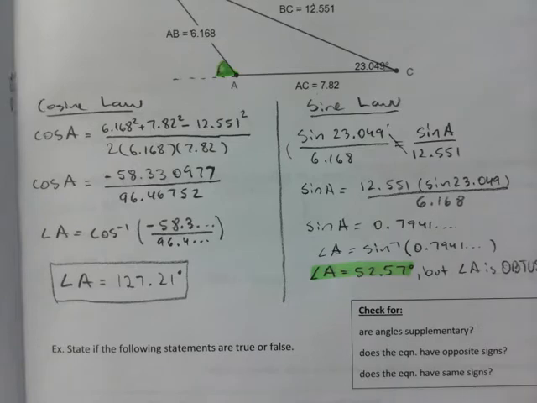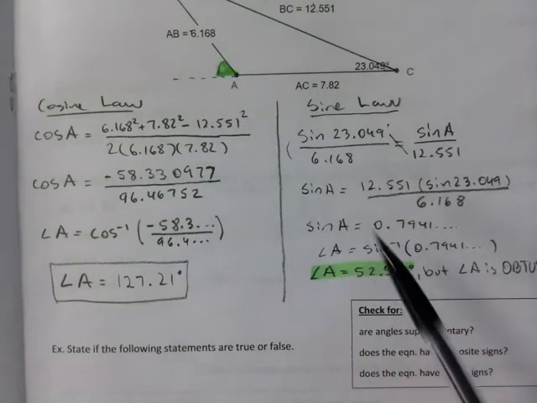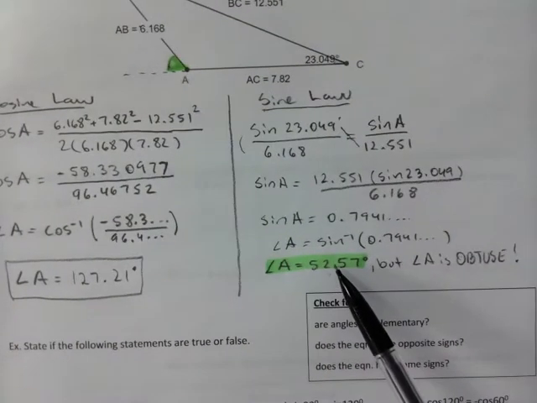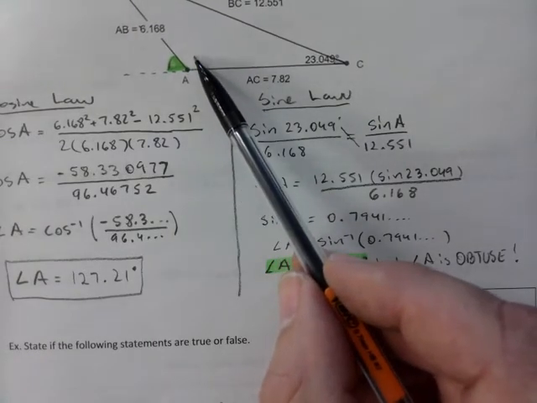So if I give you a triangle that is drawn to scale, and I set it up in such a way that you have to use sine law, and you do the math and you're like, oh yeah, 52.57, moving on, right? But if this thing is drawn to scale, you must watch out, because you're going to have to say, oh, wait a minute, I found the one outside. I need to find this one.